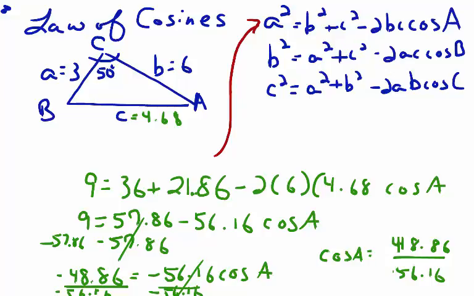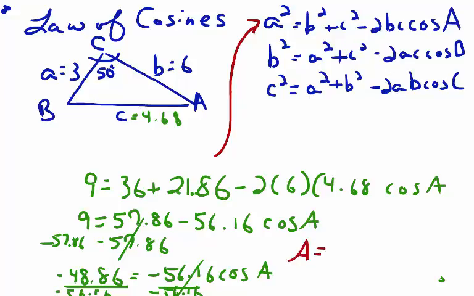And now we solve for angle A by taking the cosine inverse. Let's write it like this.